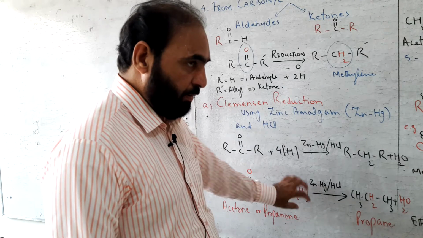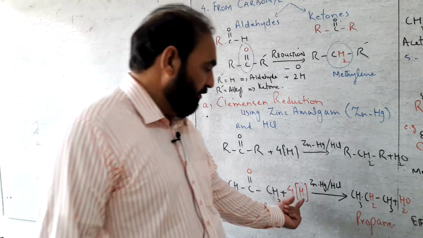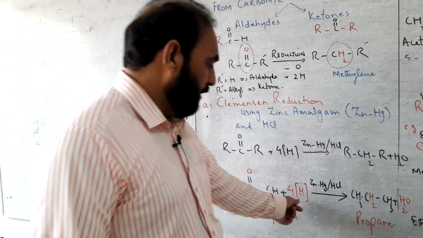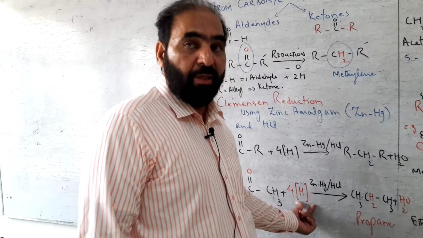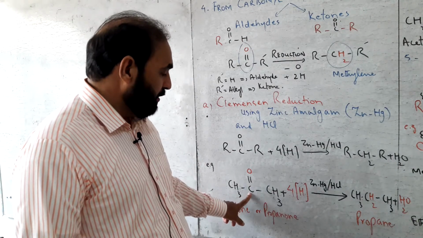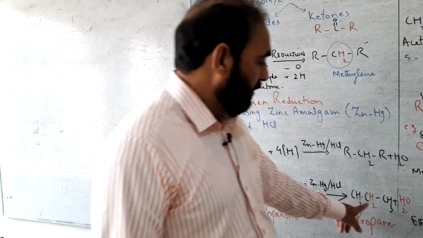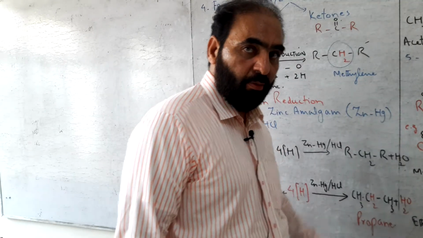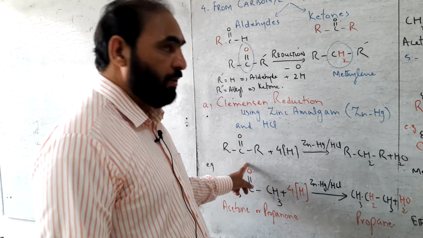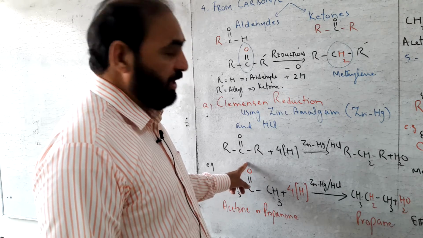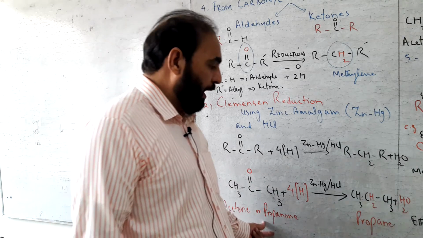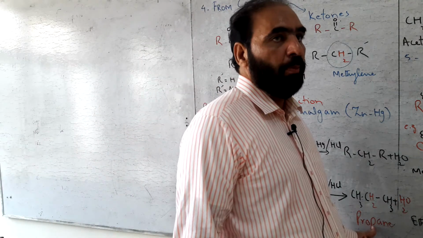These 4 hydrogen atoms, written within square brackets, represent hydrogen in atomic form. 2 hydrogen atoms combine with the carbon of the carbonyl compound, and 2 hydrogen atoms combine with the oxygen and go to water. In this way, propanone has been changed into propane.